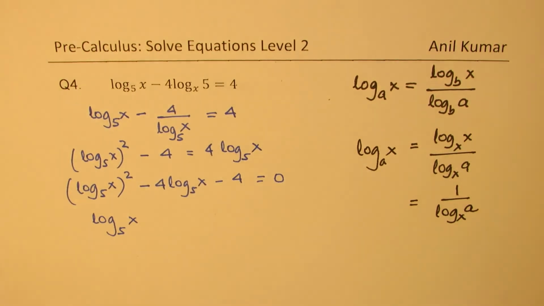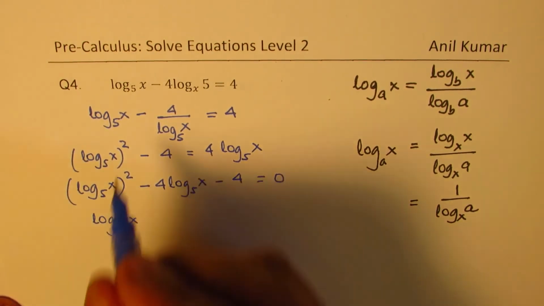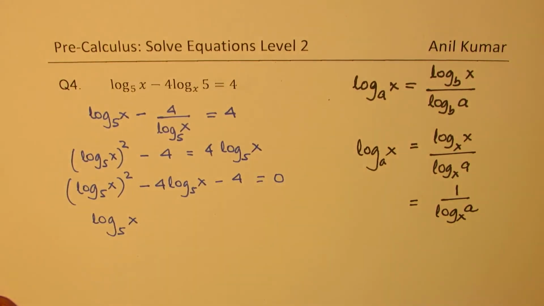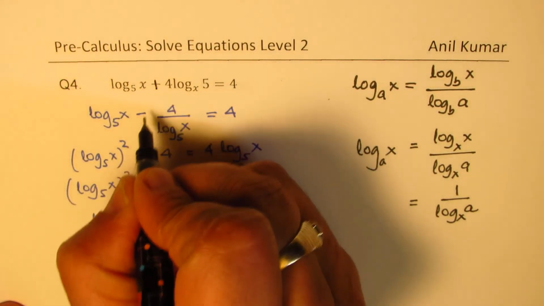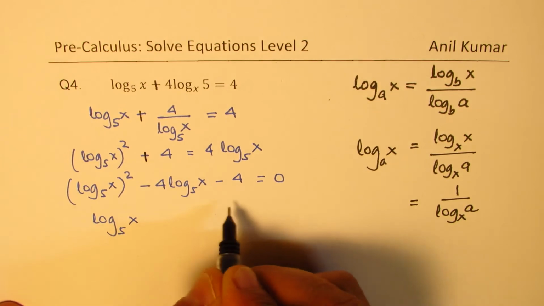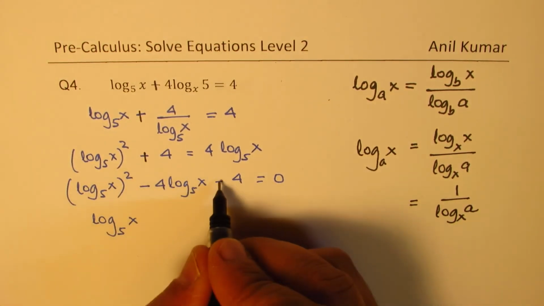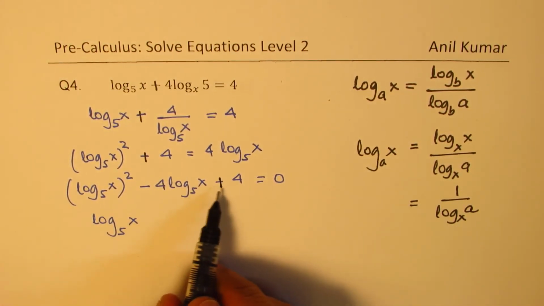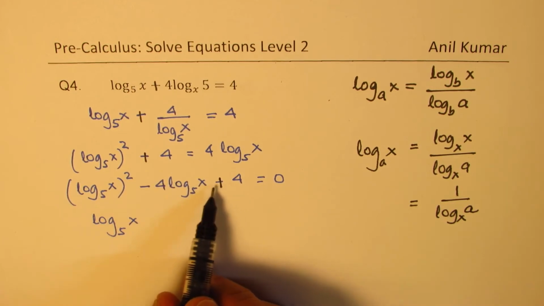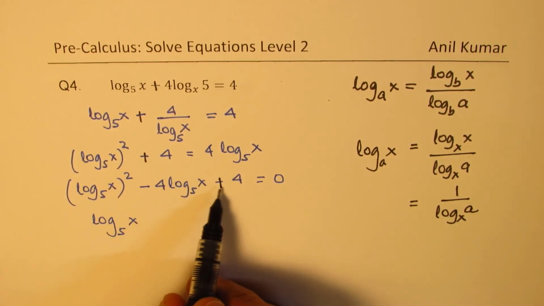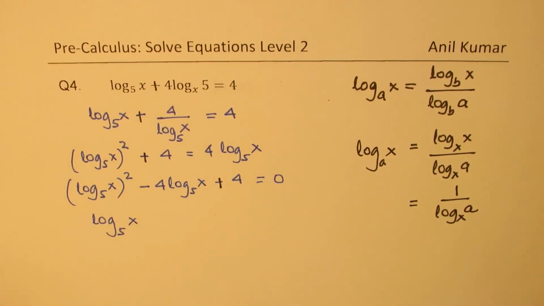This was actually positive. Let me just change this value. This was actually positive, right? Otherwise, we'll not have an easy solution to this, I mean. So let me take this as positive, okay? So I made this change here.